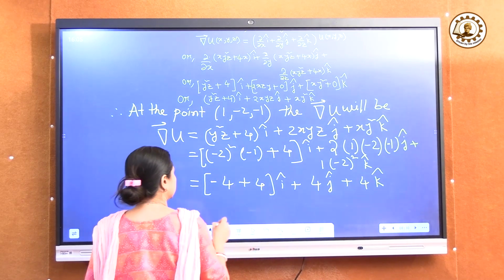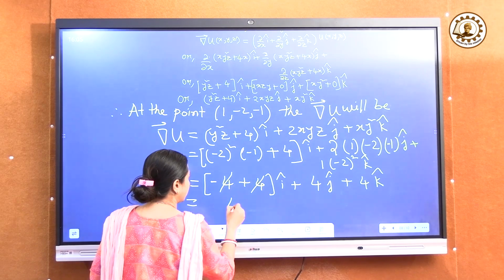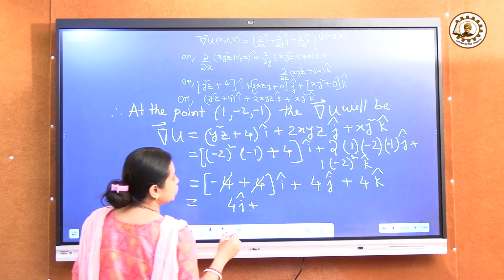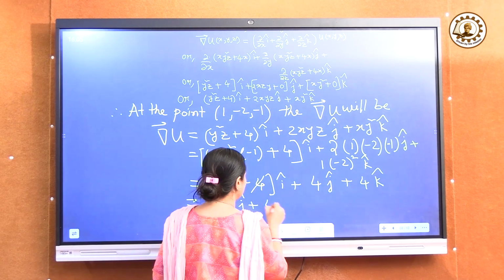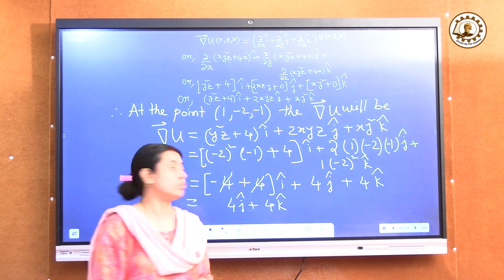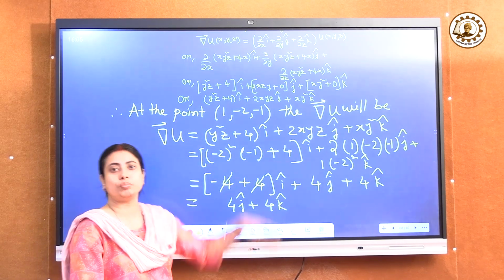So if I am writing in this way, finally, this will get cancelled, so 4 j cap plus x y square, here, 4 k cap. So this is the answer of this gradient of the scalar field at the point (1, -2, -1).